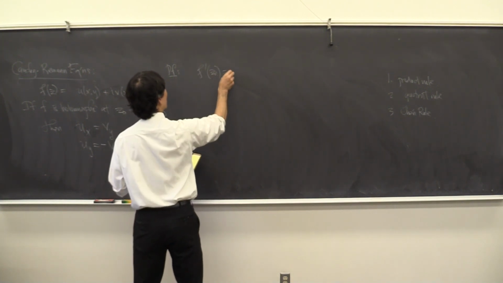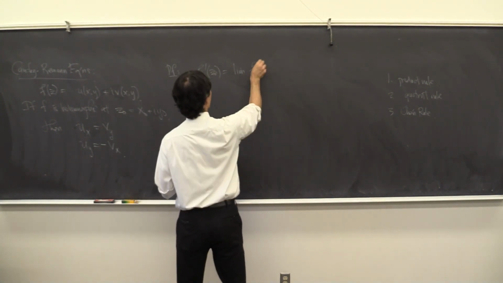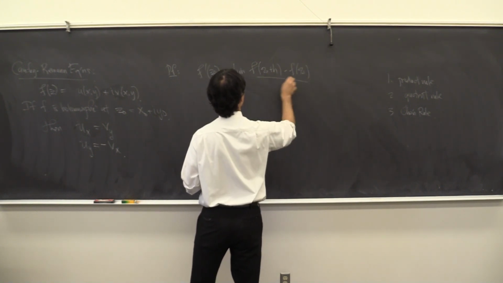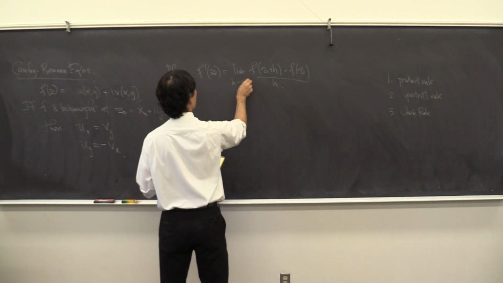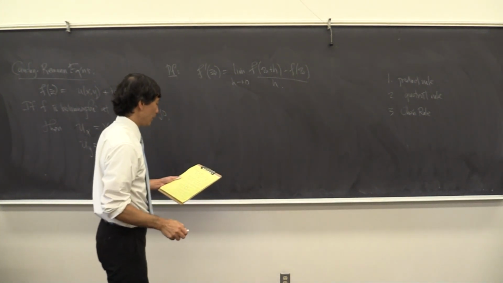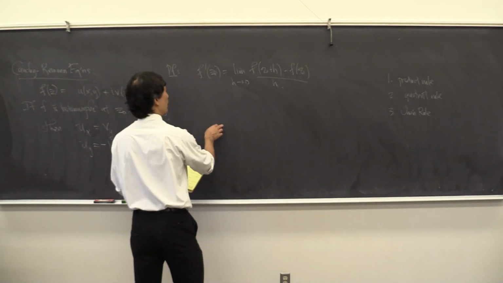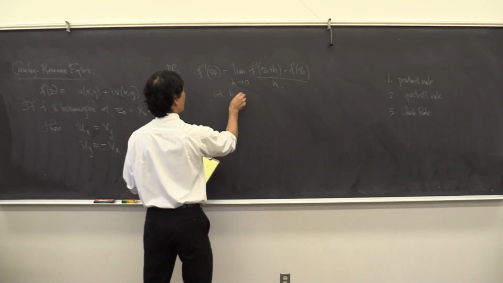Right, f prime is going to be the limit of f of z naught plus h minus f of z naught over h as h goes to 0. Let h be real.